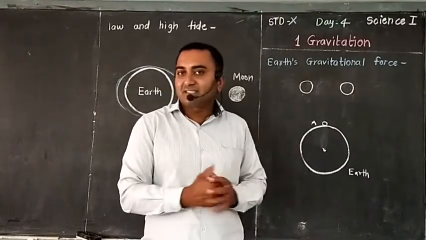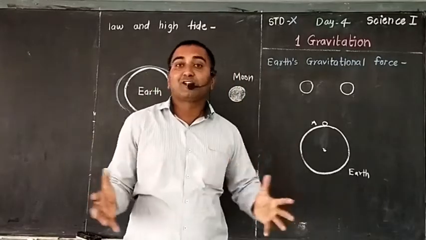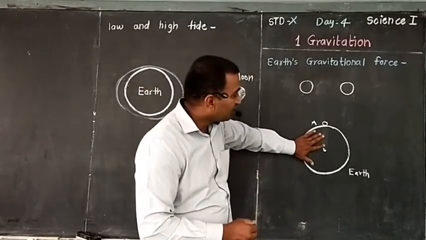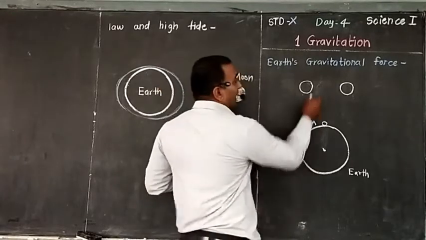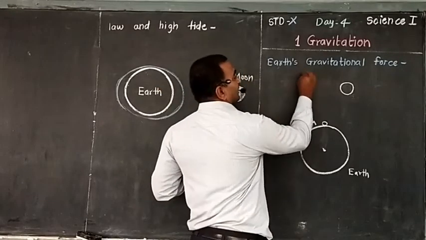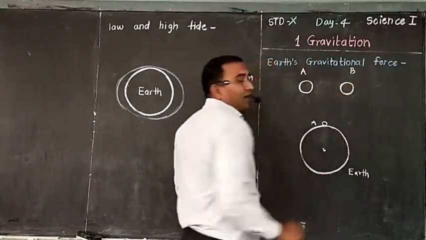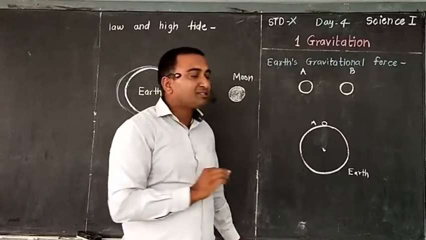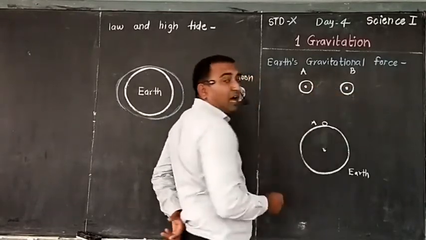That is the law we have discussed, and we are going to apply it to the earth, because the earth is also an object for us. Before starting with the earth, let us consider this point. There are two spherical objects, object A and object B. When we consider spherical objects, the center of mass is concentrated at the center of the sphere.